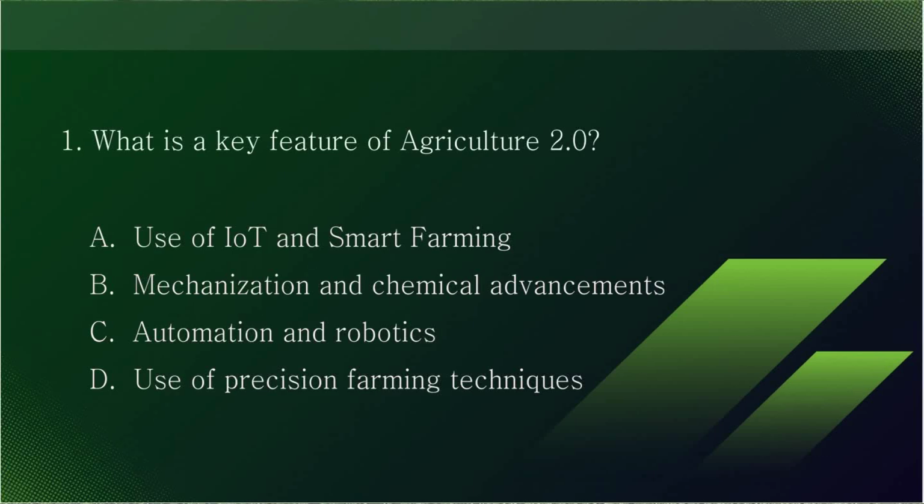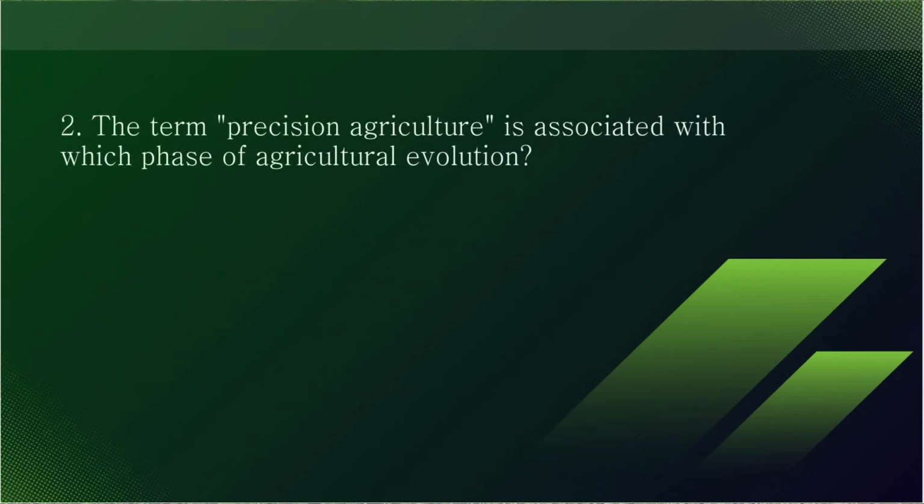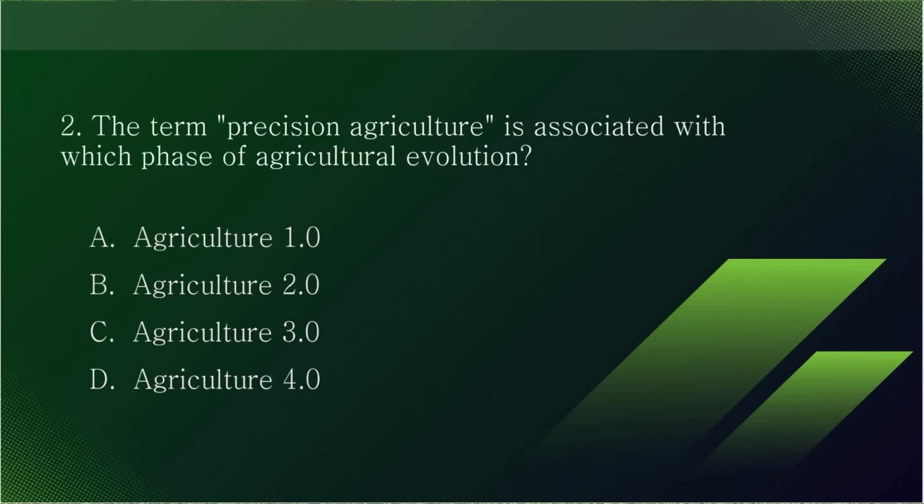Number 4, use of precision farming techniques. Then the second question is, the term precision agriculture is associated with which phase of agricultural evolution? Number 1, Agriculture 1.0. Number 2, Agriculture 2.0. Number 3, Agriculture 3.0. And the next is Agriculture 4.0.